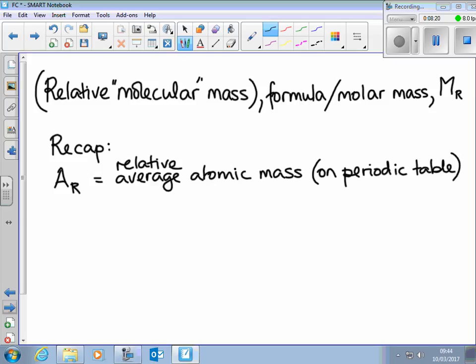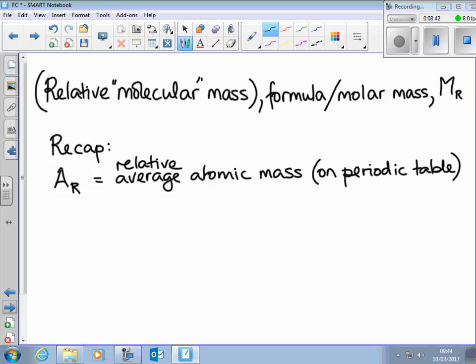Now, hopefully, this is not a huge leap. If I say to you, what do you think formula mass is? Any ideas what the formula mass of something might be? All the atoms in it, their masses added together. Absolutely right.